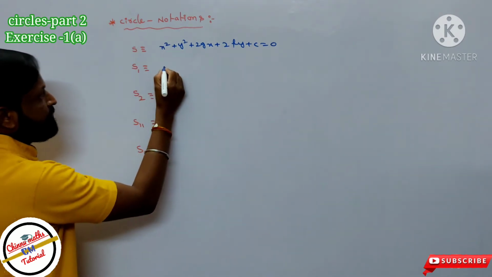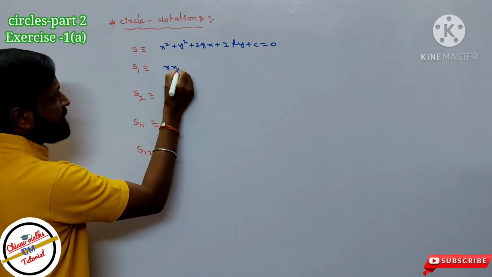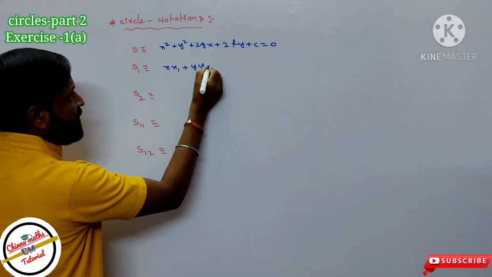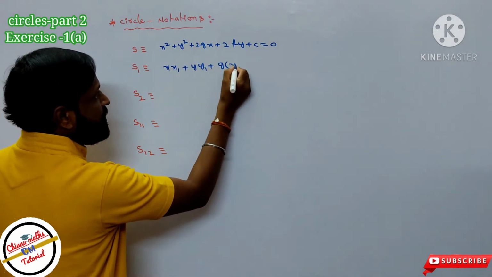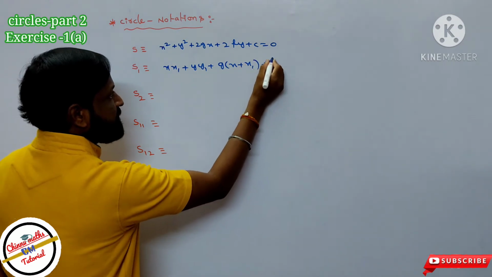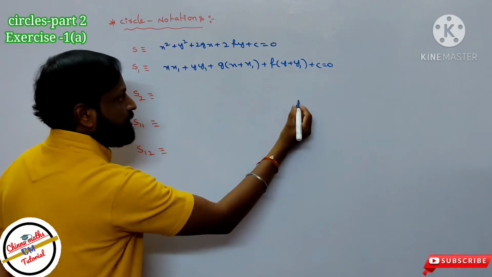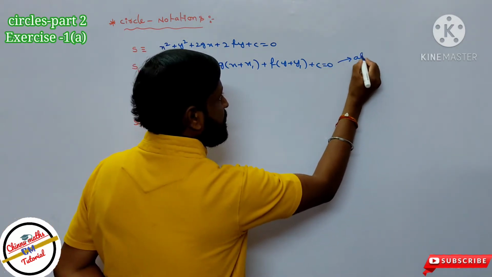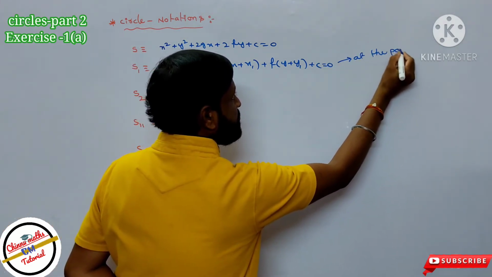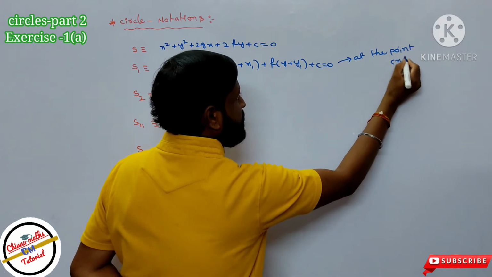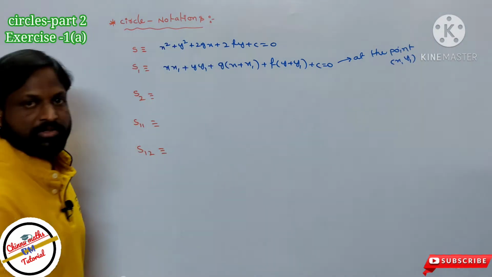Next S1. The notation S1 equal to xx1 plus yy1 plus g into (x plus x1) plus f into (y plus y1) plus c equal to 0. It is at the point x1, y1. This is the notation for at the point x1, y1.